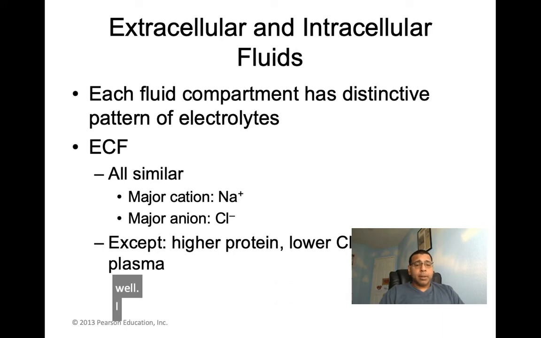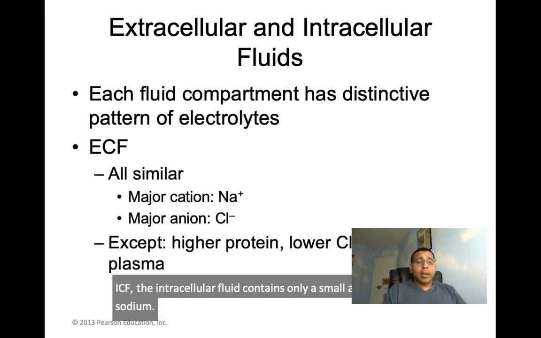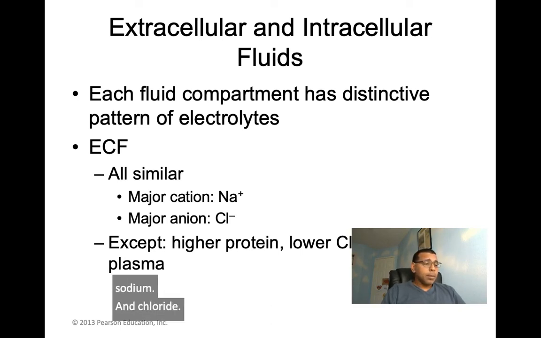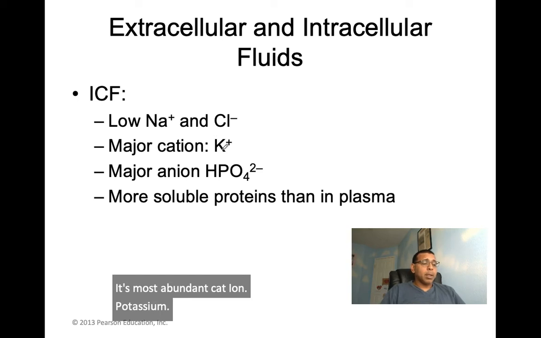ICF, the intracellular fluid, contains only a small amount of sodium and chloride. Its most abundant cation is potassium. Its major anion is hydrogen phosphate.